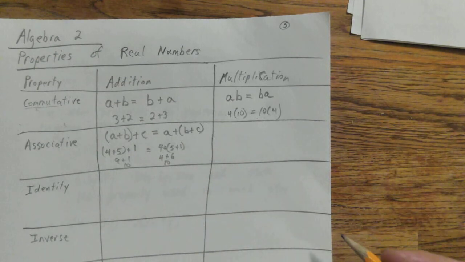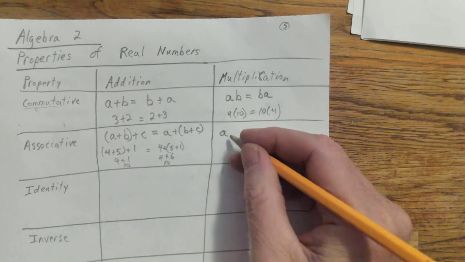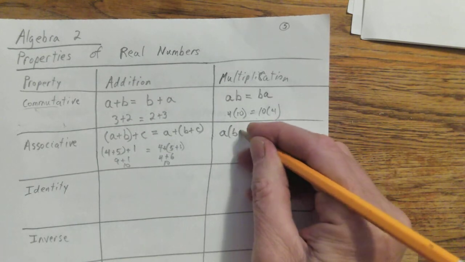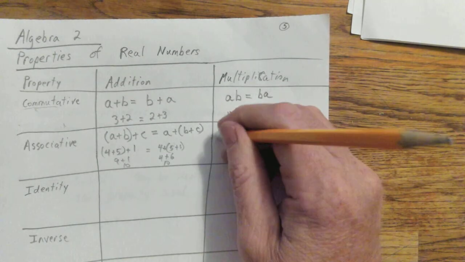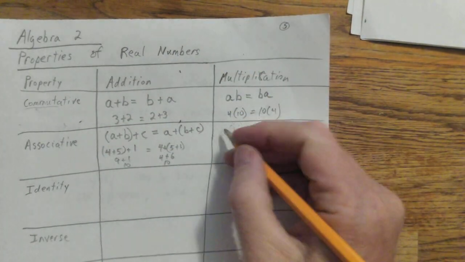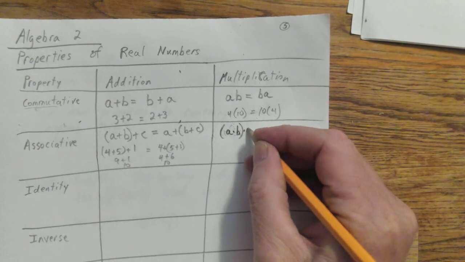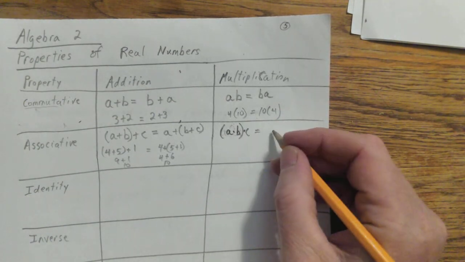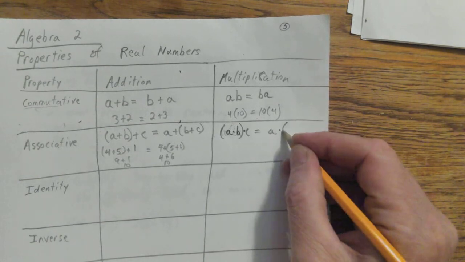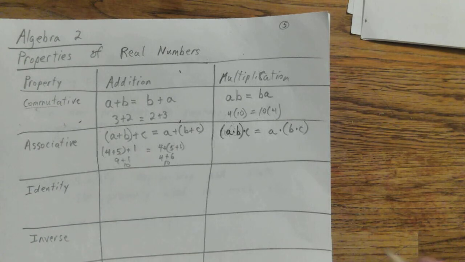So it doesn't matter what order you add. And the same goes with multiplication. Let's be consistent here. I can take the a times b first and then multiply it by c. Or I can take a times and then multiply b times c together and get that.